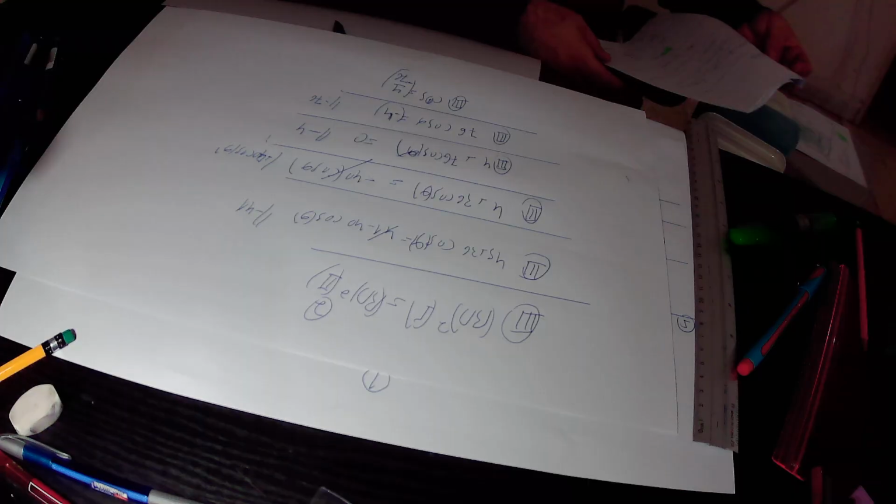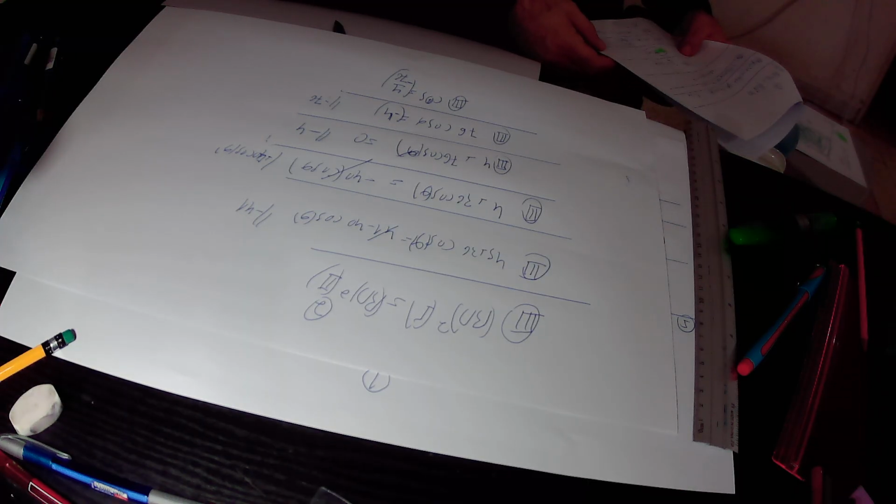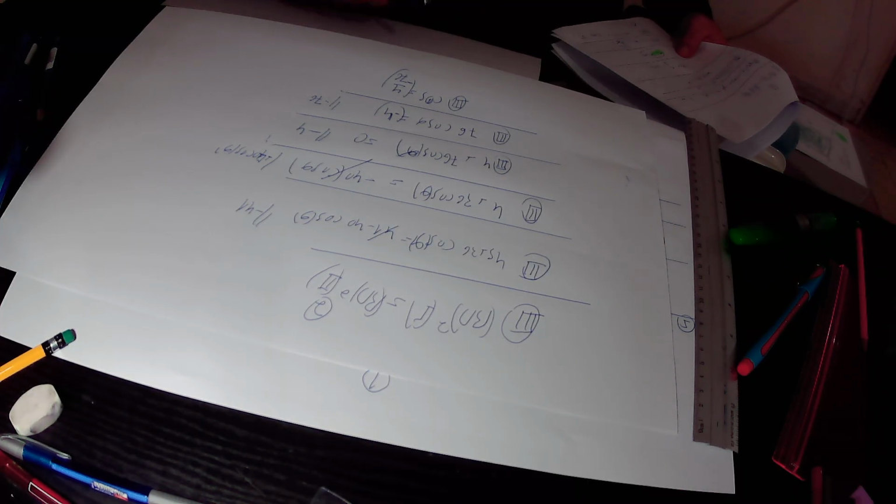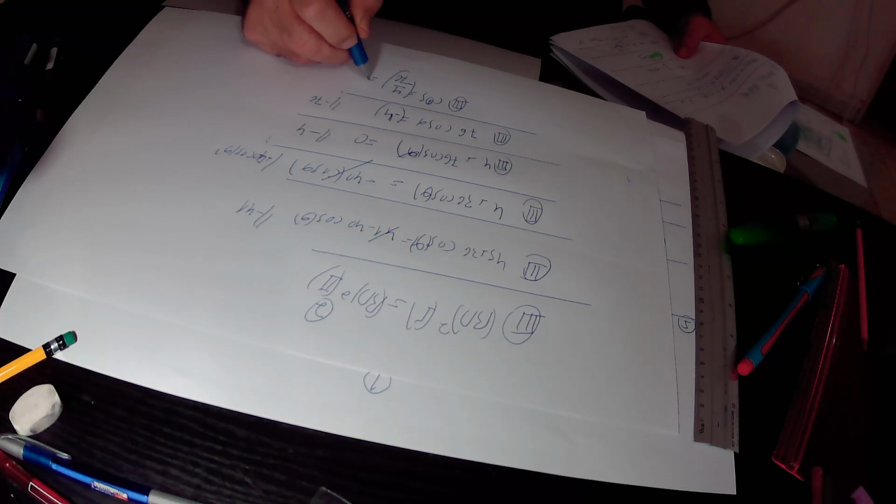Minus 4 over 76 is equal to minus 0.0526.